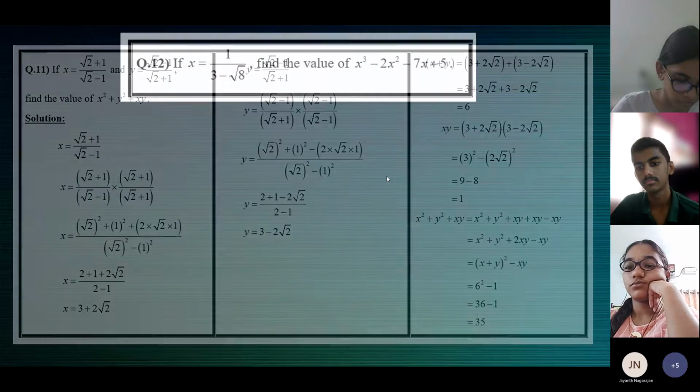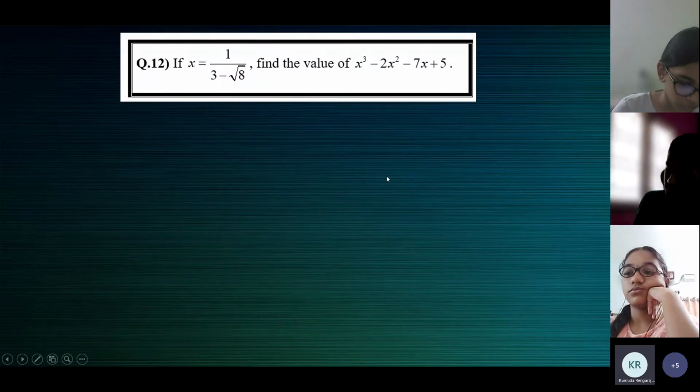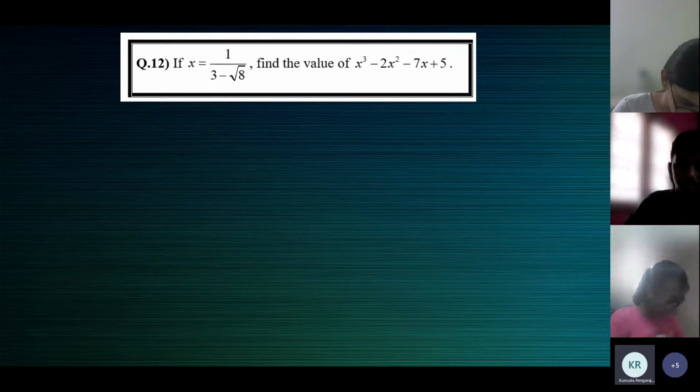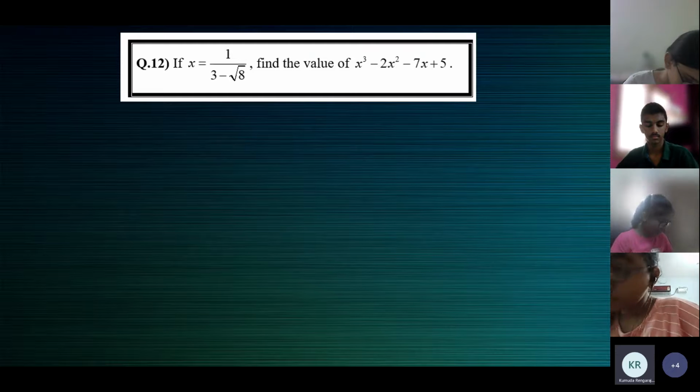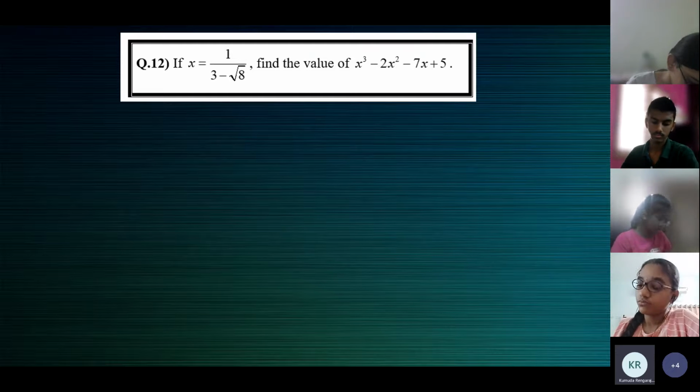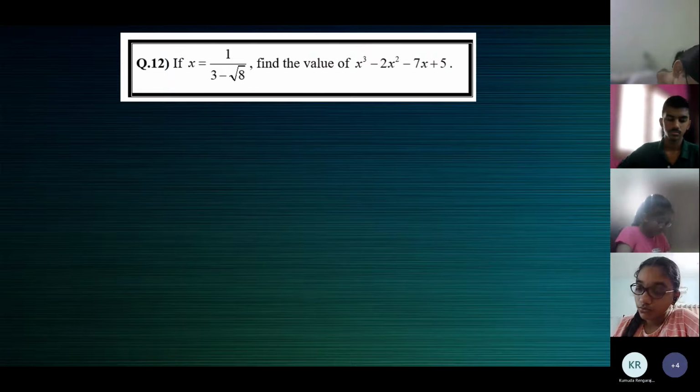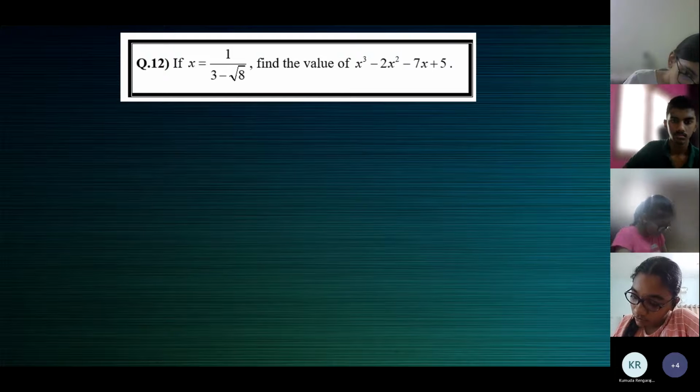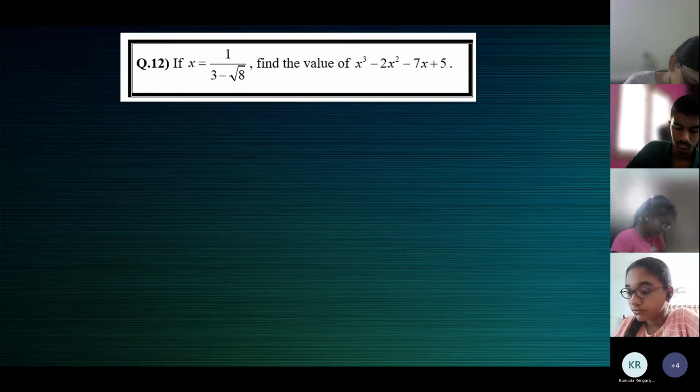All right, children. Let's see the next one. If x is equal to 1 by 3 minus root 8, find the value of x cubed minus 2x squared minus 7x plus 5. Please write the question.